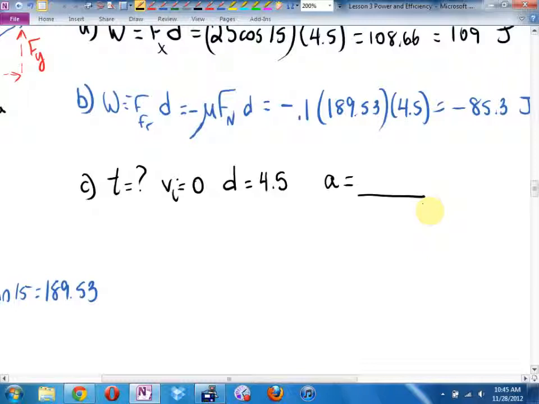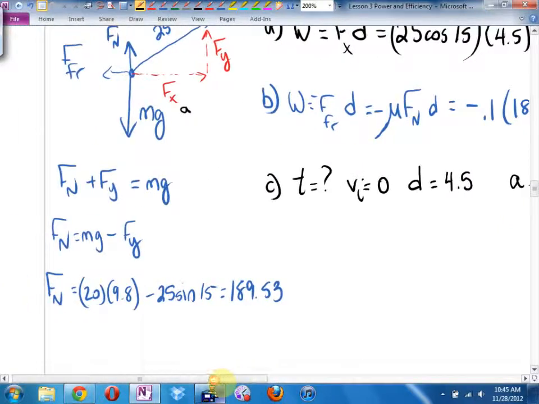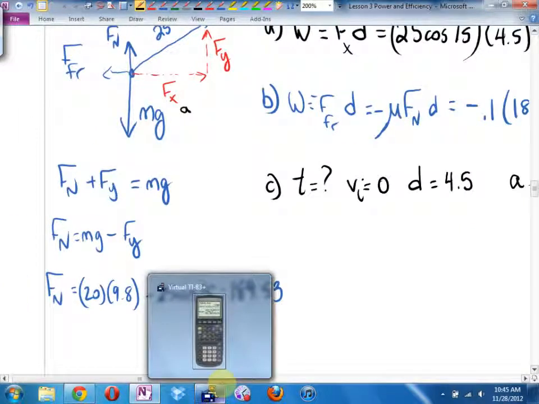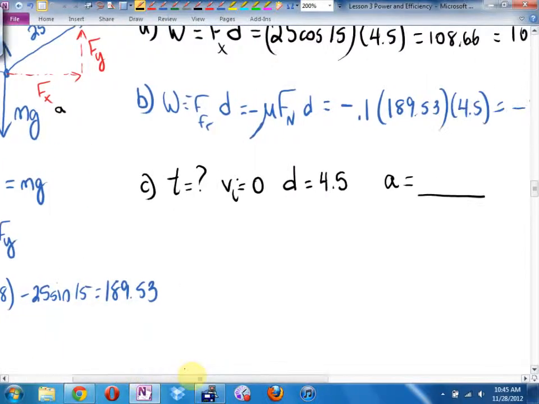Hey, look at your original diagram. Who's winning? Fx. Who's losing? We could go winner minus loser equals ma.